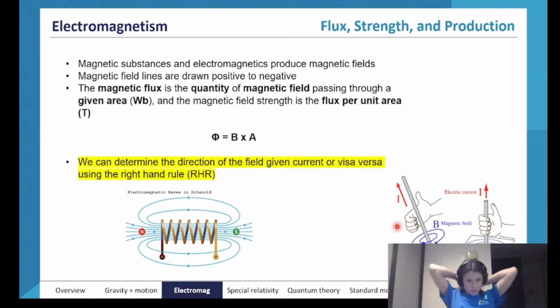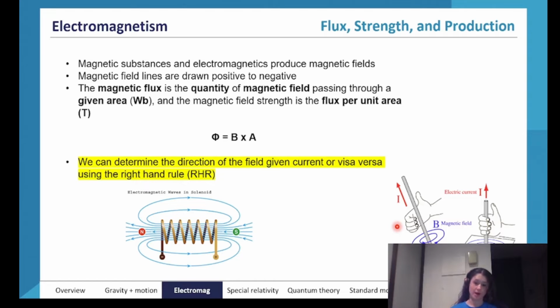So if you get out your right hand, you can use this to tell you the direction of the electric current and the magnetic field around a current carrying wire and also around a solenoid. We'll go over the current carrying wire first.